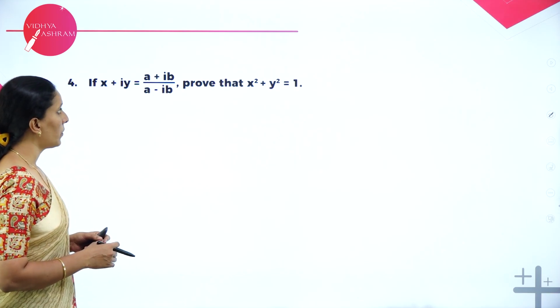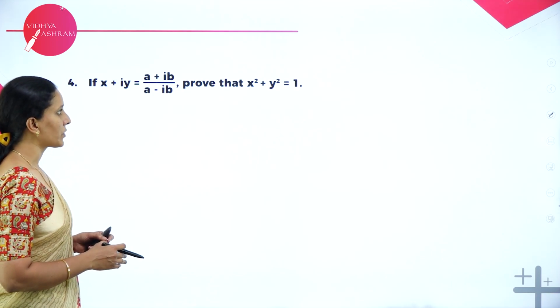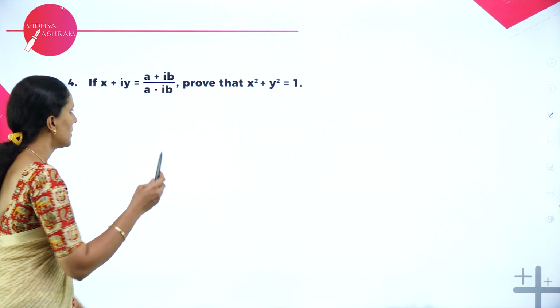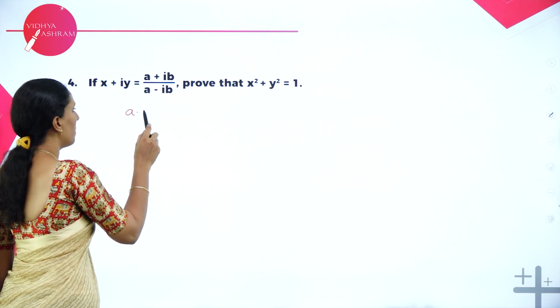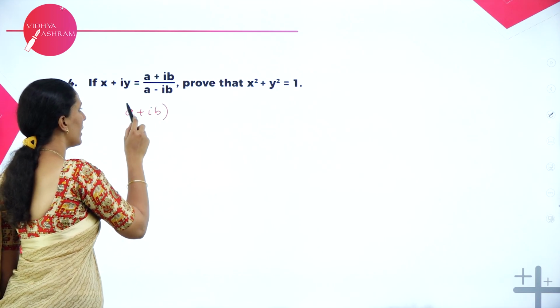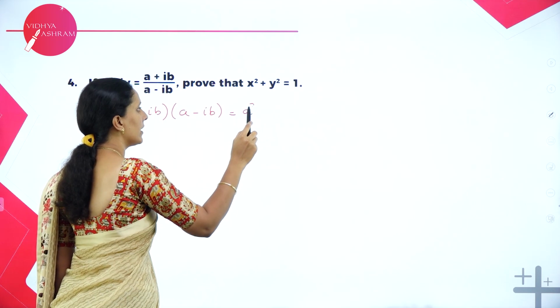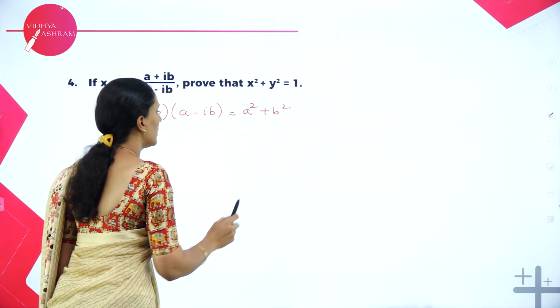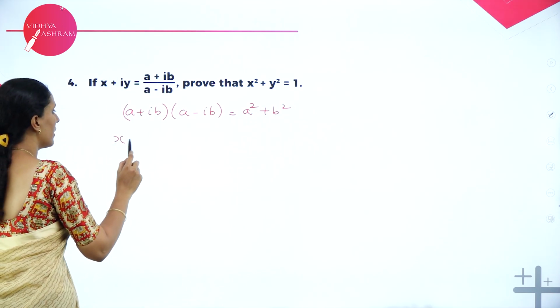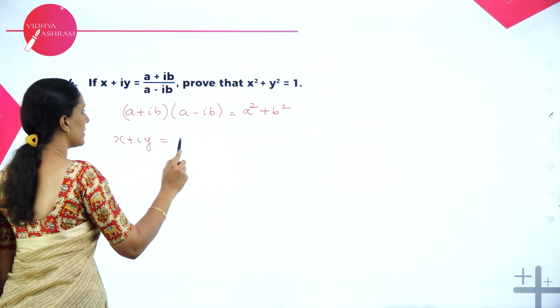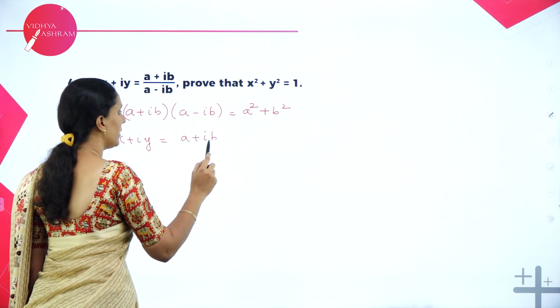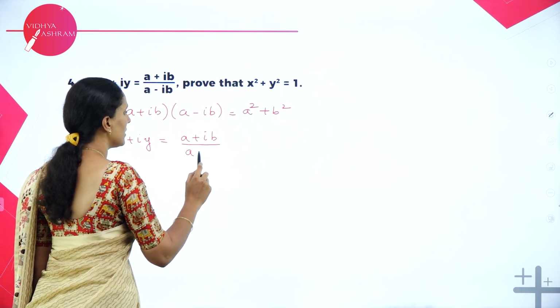Next we have, if x plus iy is equal to a plus ib divided by a minus ib, prove that x square plus y square is equal to 1. So I told you any complex number in the form of a plus ib, a minus ib can be written as a square plus b square. So that's why we have here x plus iy is equal to a plus ib divided by a minus ib.